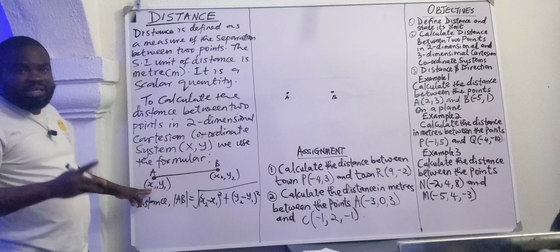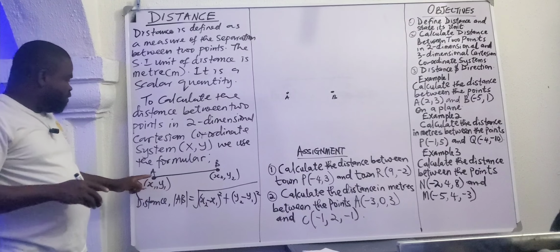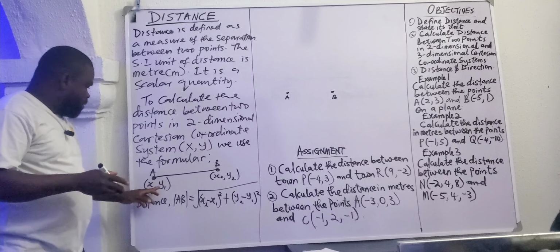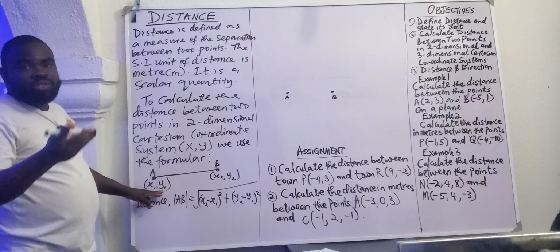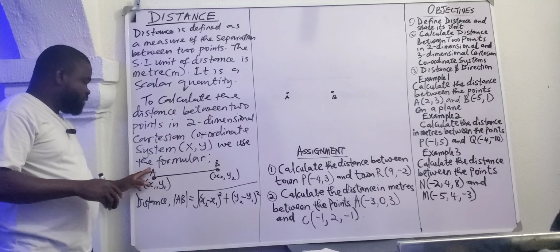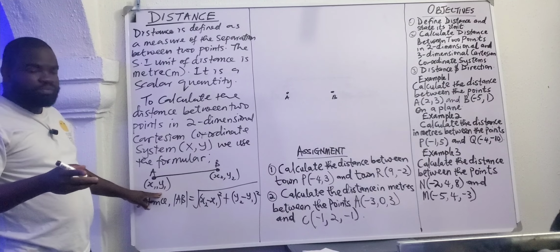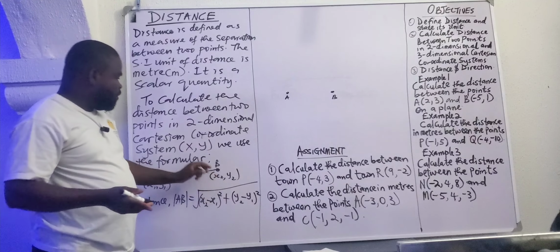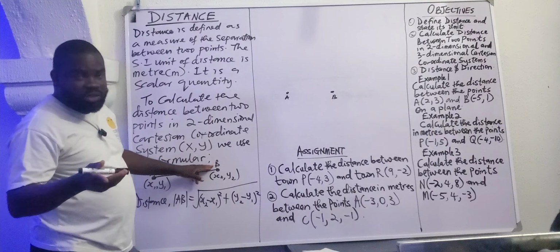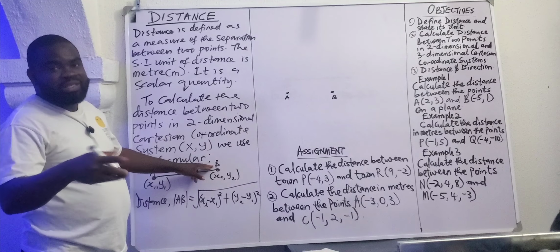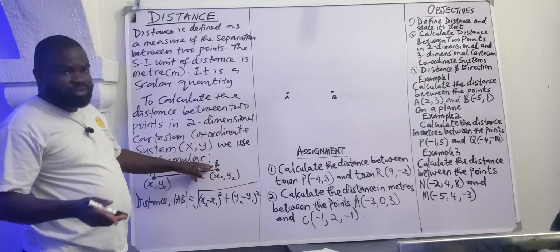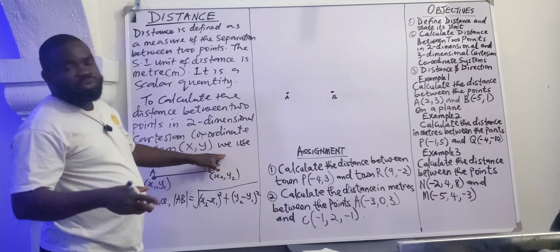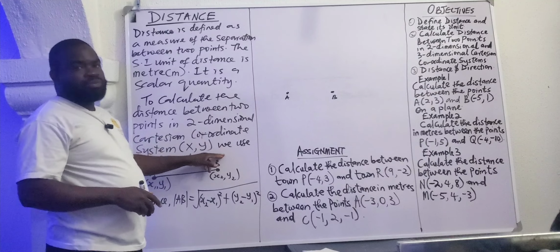x1 is the x coordinate value of point A, also called the abscissa. y1 is the y coordinate value of point A, also called the ordinate. x2 is the x coordinate value of point B. We can also call it the value of B in the x axis or x direction. y2 is the value of B in the y direction.